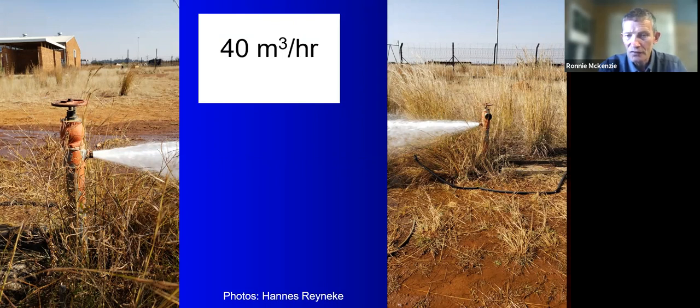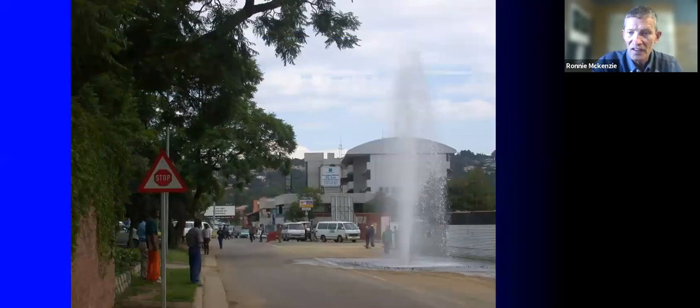And the value of the cap that was stolen couldn't have been more than 10 cents. So it's interesting, people will steal something worth 10 cents and then allow a leak of 40 cubes an hour to run, sometimes just about indefinitely.